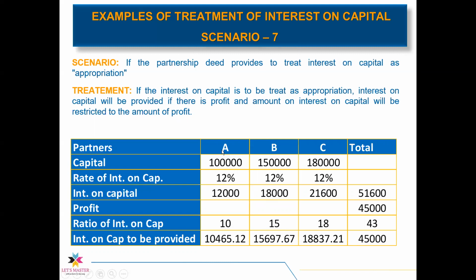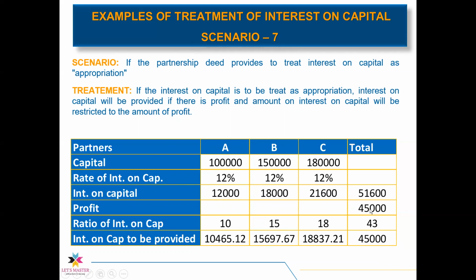Here, partners are A, B, and C. This is the amount of capital contributed by them. This is the rate of interest on capital. Interest on capital amount is 12,000, 18,000, 21,600. Total comes to 51,600. And the profit is only 45,000. So now this 45,000 would be distributed among the partners in the ratio of their interest on capital and not on the basis of their profit sharing ratio.